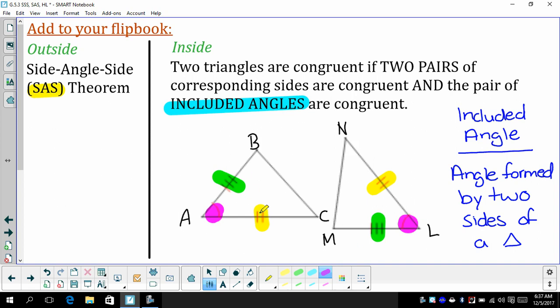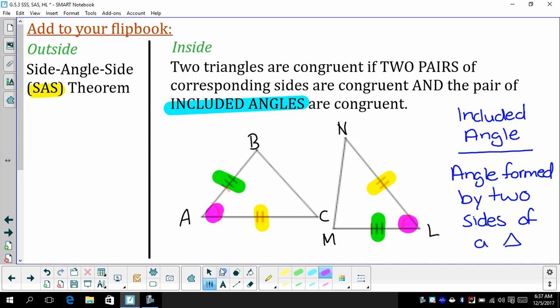So if I have 2 pairs of sides congruent, my yellow ones and my green ones, and the included angles, the angles formed by those 2 sides in each triangle, are also congruent, then we know that these 2 triangles are congruent to each other by the side-angle-side theorem.